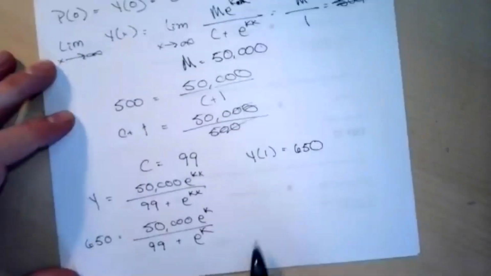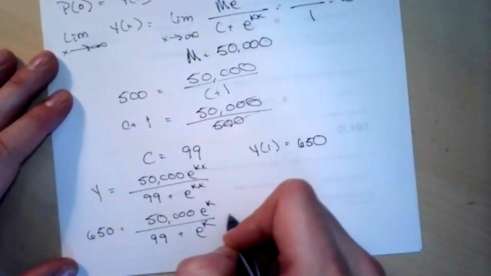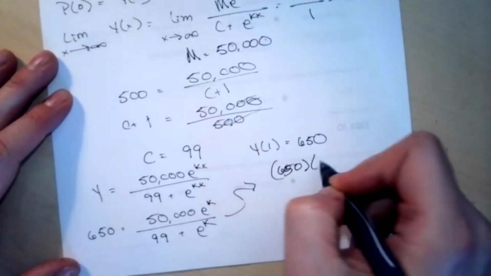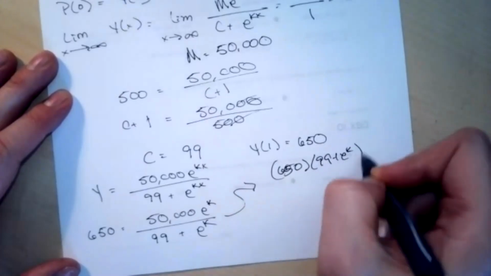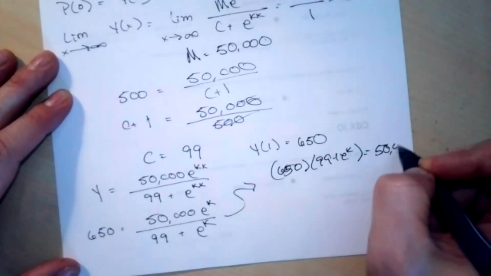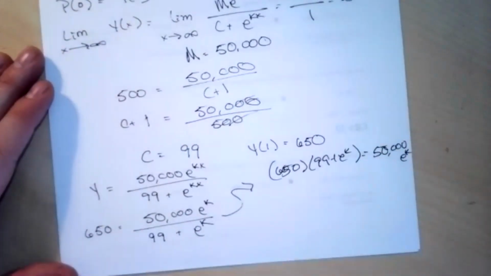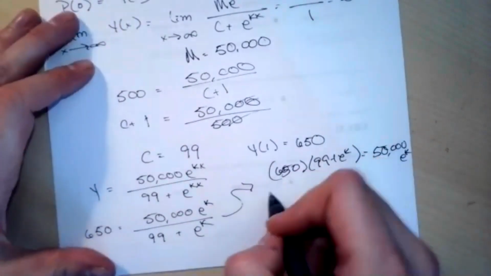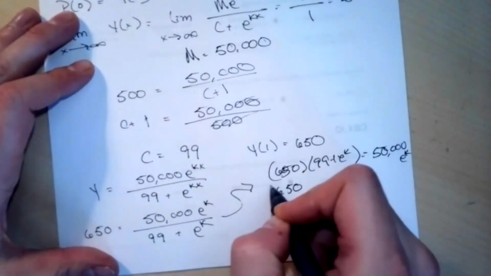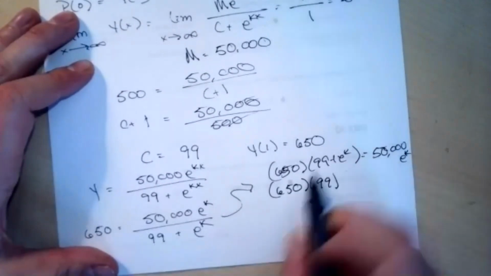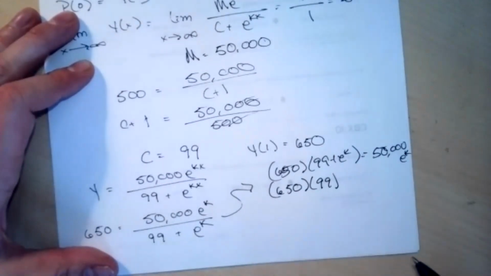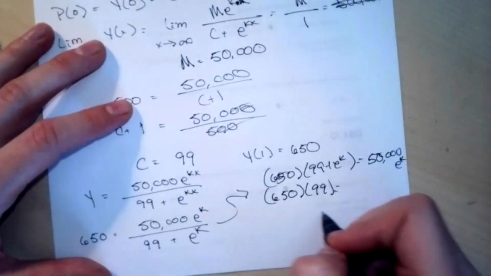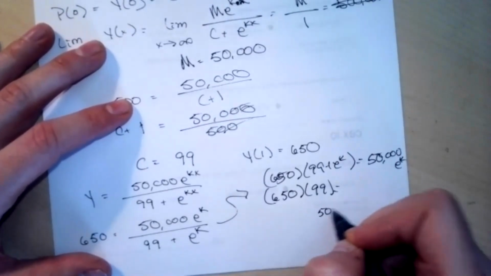And now we're going to solve for k, which probably isn't going to be done because we'll have 650 times 99 plus e to the k equals 50,000 e to the k. And solving for e to the k might be a pain. So 650 times 99, we will have 650 e to the k. Subtract that over is equal to, so whatever 50,000 minus 650 is.